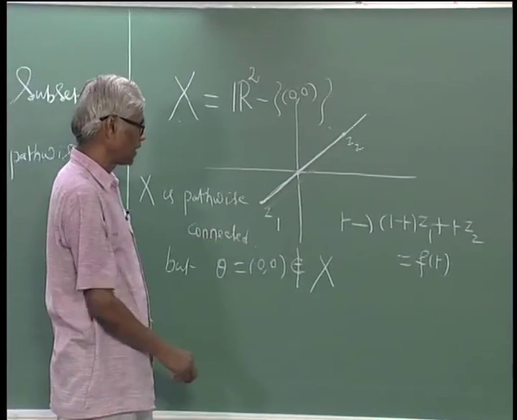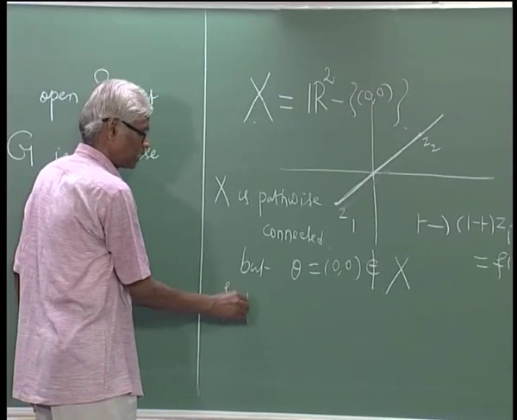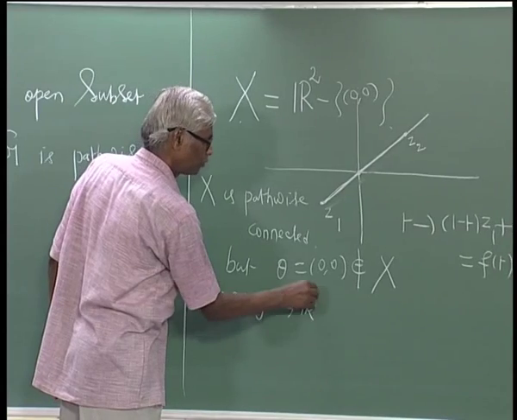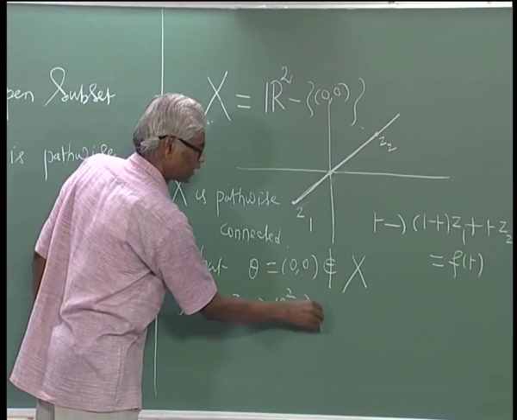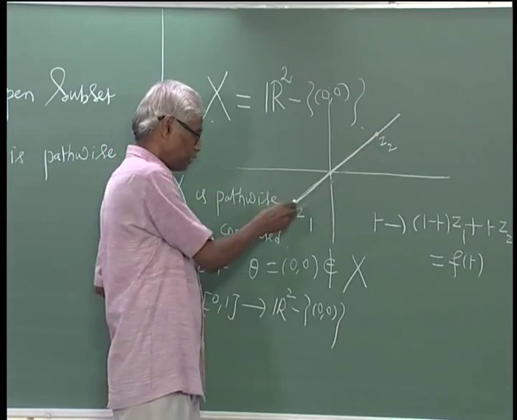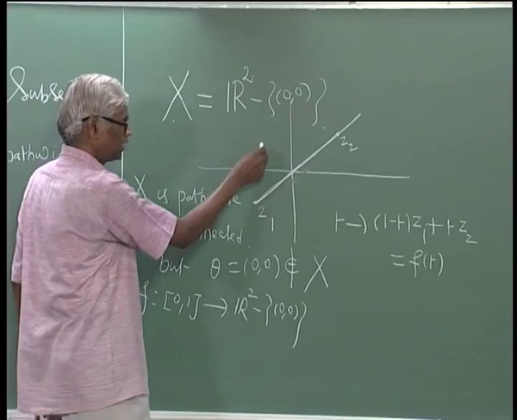So, it will not be a function from closed interval 0 1 to R2 difference origin. So, we have to avoid passing through origin.